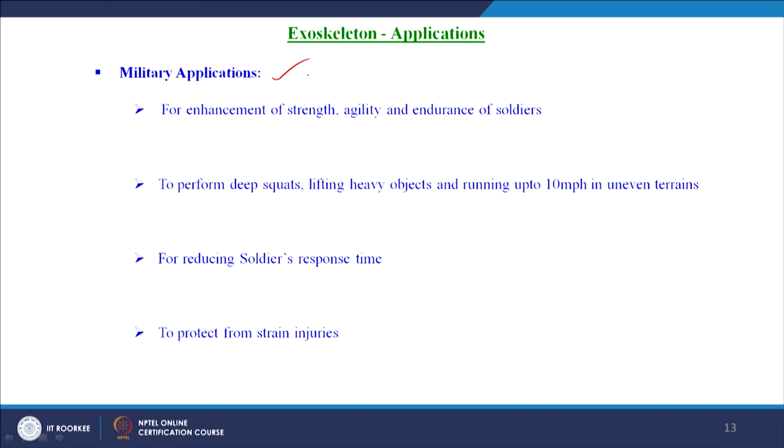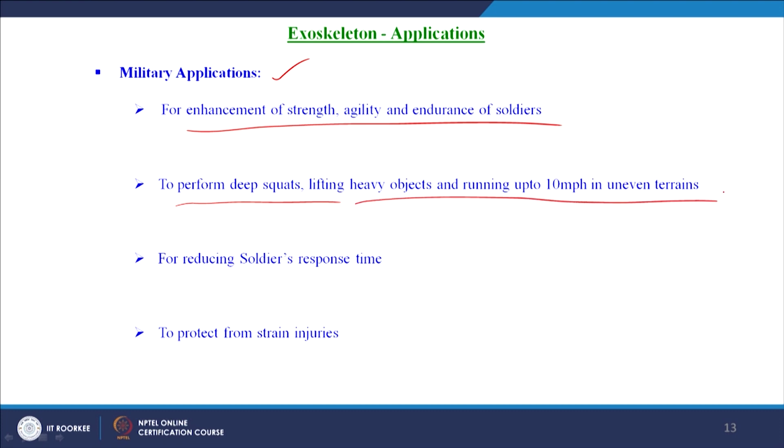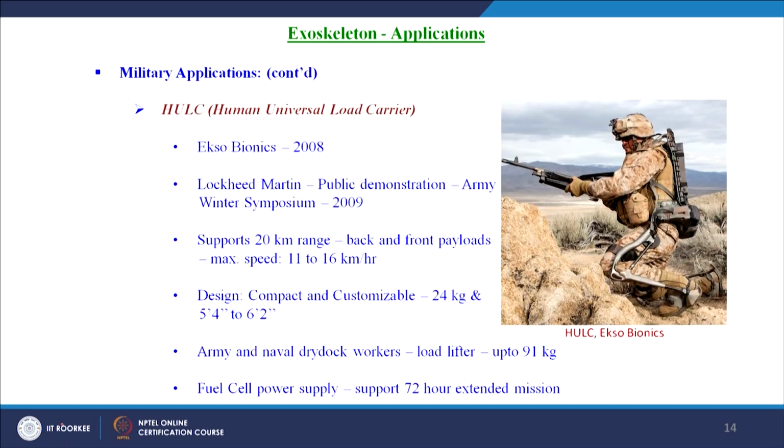They are meant to be useful in the military application in order to enhance the strength, agility and endurance of the soldiers, in order to perform deep squats, lifting heavy objects and running up to 10 miles per hour in uneven upslope terrains, and for reducing soldiers' response time, and finally to protect from strain injuries of the soldiers.